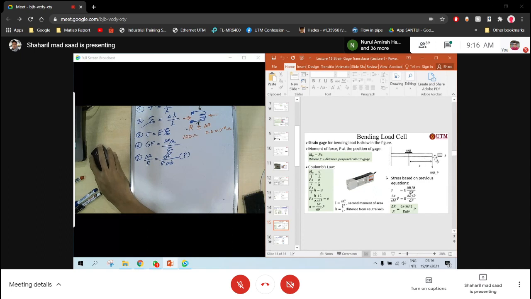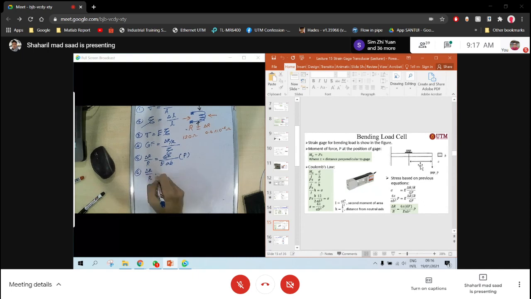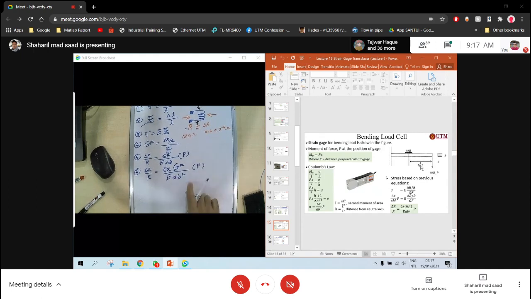So we call it the bending load cell. Bending load cell also has its own formula: delta R over R is equal to 6 GF over EAB squared times P.